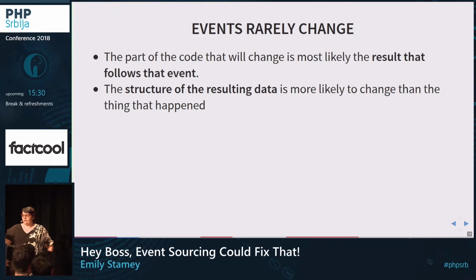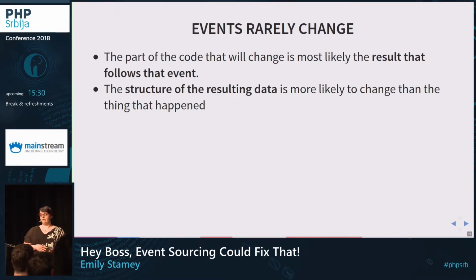Events rarely change. When we're thinking about the events that are happening in our application, there are points in time and things that specifically happened. Usually when you're thinking about an event, you can think about what's important to that event, what's relevant, what's likely to change.